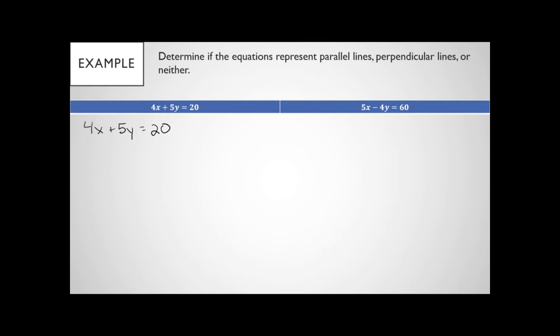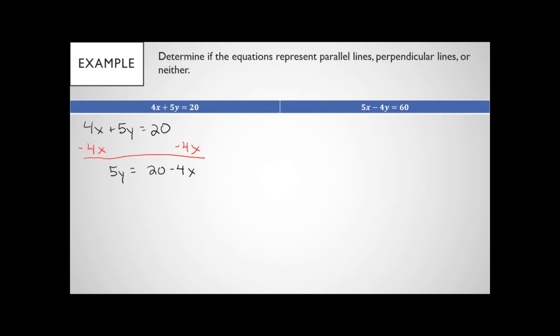So I'm going to start with the one on the left, 4x plus 5y equals 20. So if we're solving for y, we want to subtract 4x from both sides. That gives me 5y equals 20 minus 4x.